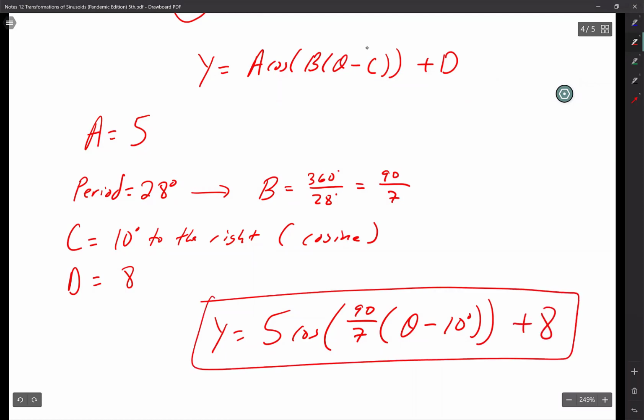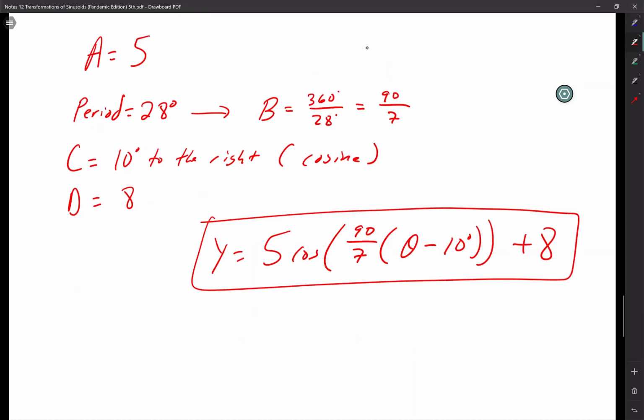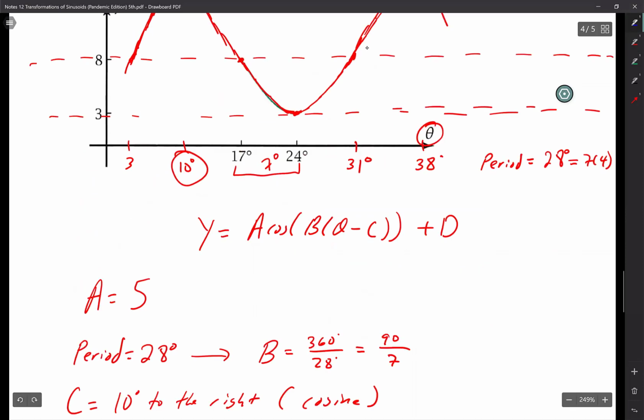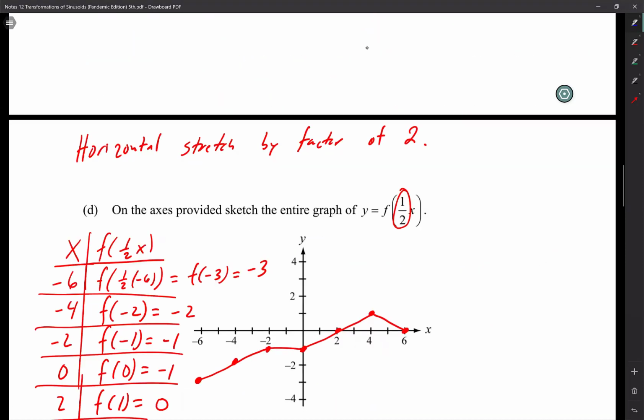Now, if you are taking an SAT and they give you an equation of a graph without a calculator, normally they put the B a lot nicer than 90 over 7. But if they ask what is the period, remember that we took the reciprocal, and that's how we knew our scale factor.